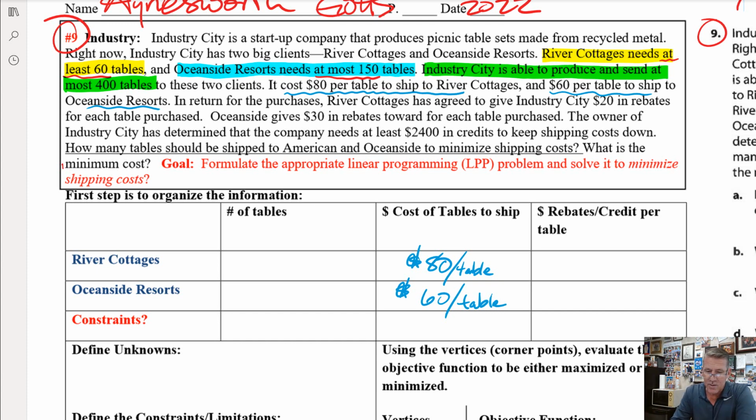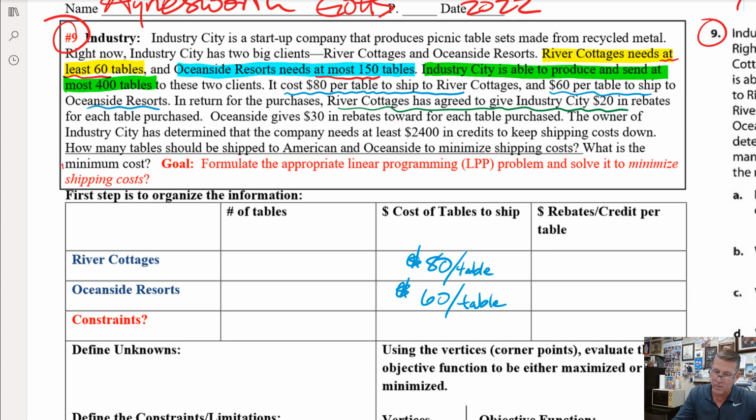It also says that in return for the purchases, River Cottages has agreed to give Industry City $20 in rebates. So let's talk rebates for a minute. Right here, there's the rebate for each purchase. As River Cottages gets the shipped tables, it's going to give a rebate back to Industry City, which produces these picnic tables.